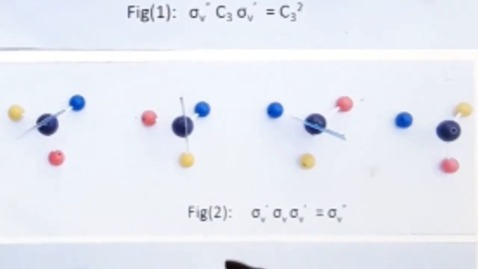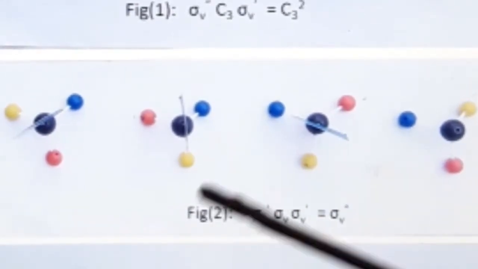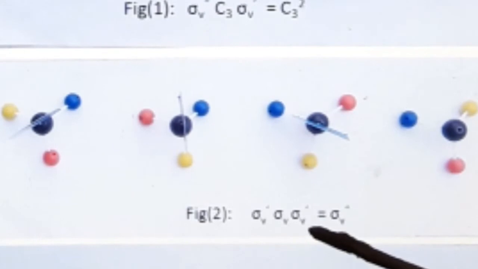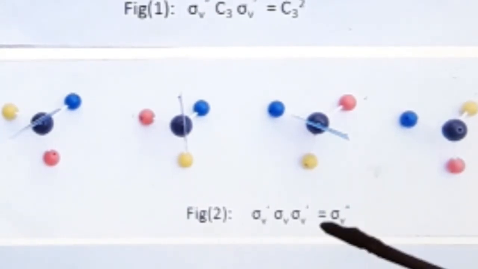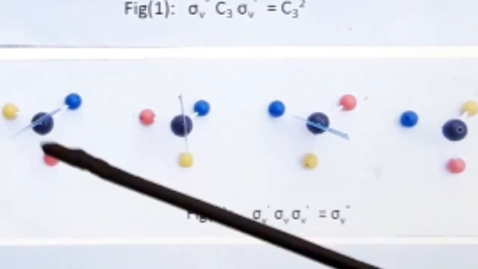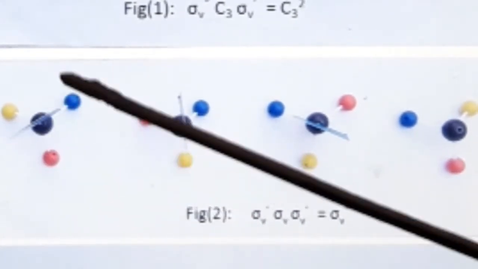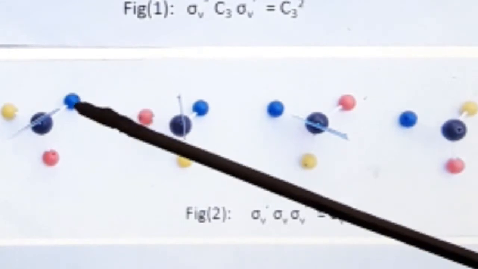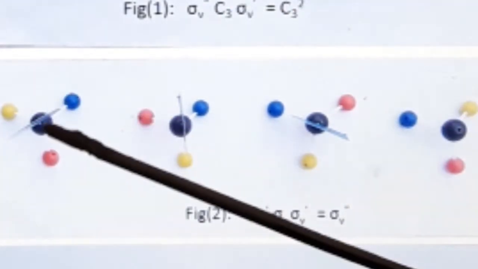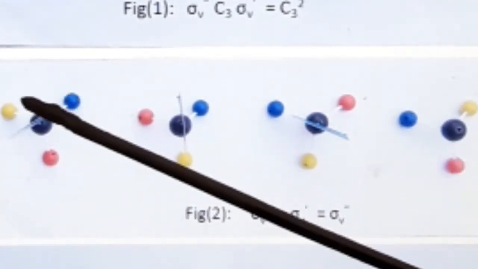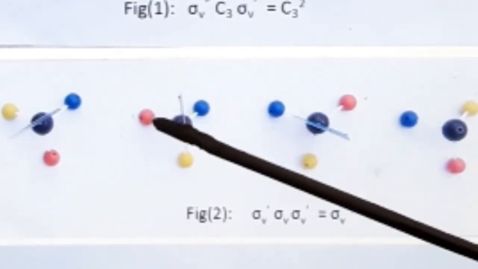Now if we take figure 2, in which first of all we take the sigma V dash. This is the original molecule, and sigma V dash means the plane passing through blue hydrogen and the C3 principal axis. This is the plane. Then we will get this structure.